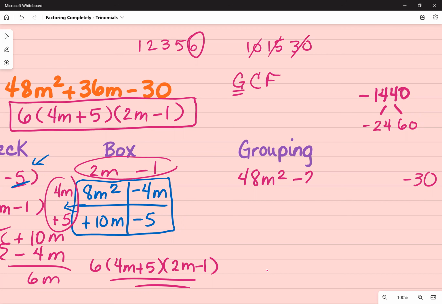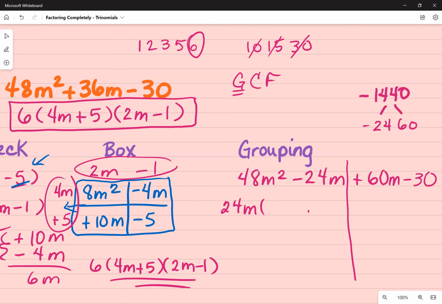So negative 24m plus 60m, and then I'm going to divide those two. And what I end up with is taking out the greatest common factor, which is 24. I'm left with 2m squared, and this is going to be negative 1. Sorry, I apologize. I did that wrong. 24m.